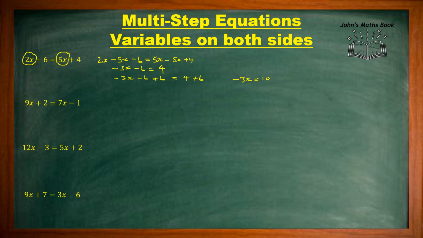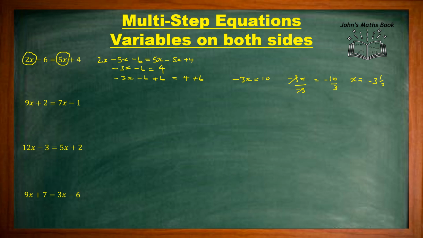So minus 3x divided by minus 3 is equal to 10 divided by minus 3. The minus 3 cancels out with the minus 3, so it gives x is equal to minus 3 1/3.